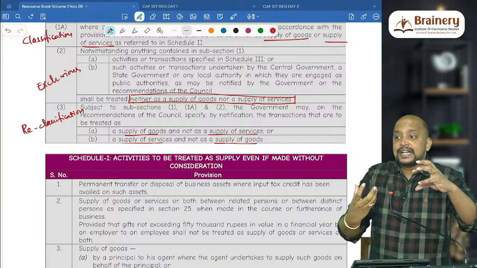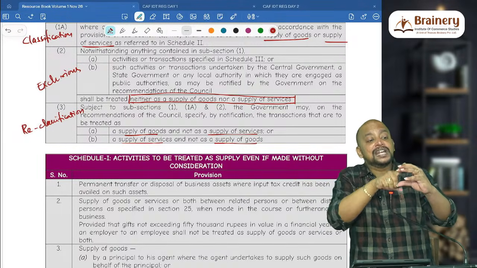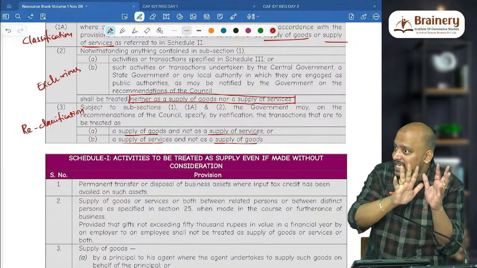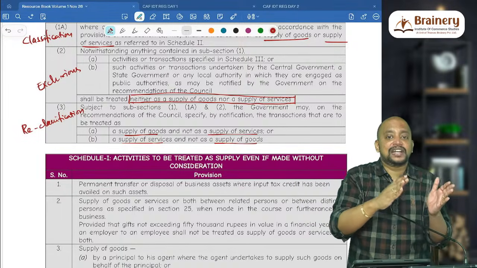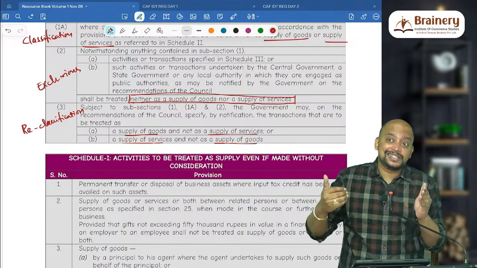Now, the central government, on the recommendations of the council, has the power to reclassify this as supply of goods. Actually it is service, but they have power to classify it as goods. Actually it will be goods, but they have power to classify it as service.